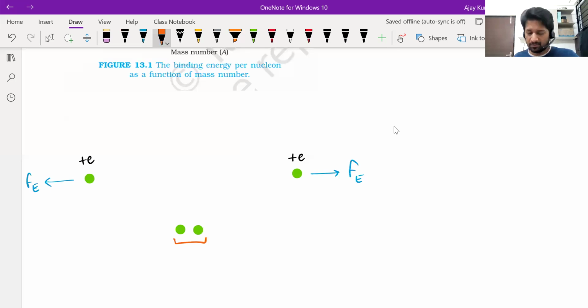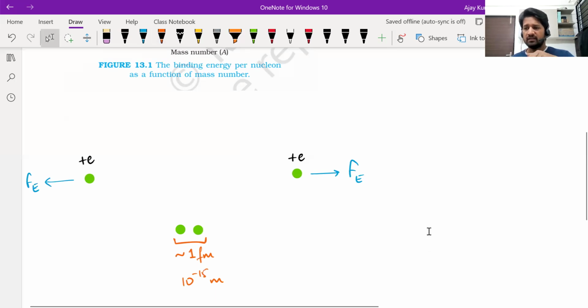When the distance between the particles is approximately 1 Fermi or femtometer, that is 10 to the power of minus 15 meters. When they come that close to each other, the nuclear force will take over and they will get combined into one nucleus. Basically, this is why fusion reactions are difficult, and they are very hard to carry out in a laboratory setup, because for two charged particles to come that close to each other, a lot of energy is needed.